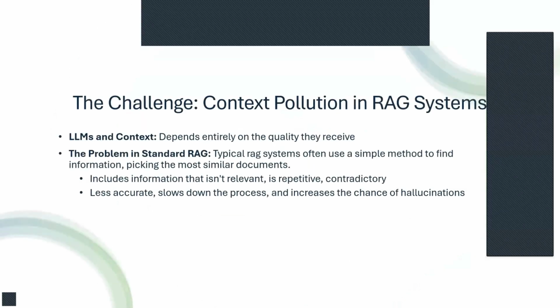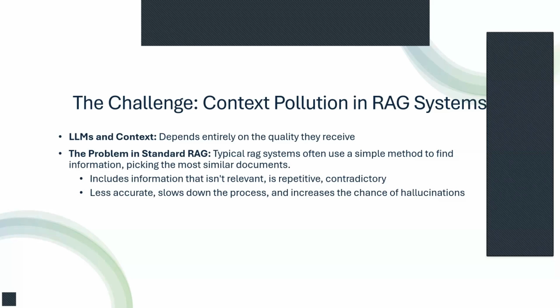The first thing we're going to talk about is the challenge in RAG systems and LLMs. LLMs need good quality context. So if you write good prompts to it, it gives better answers. But if you introduce big clunky text and noise, it gives worse outputs.